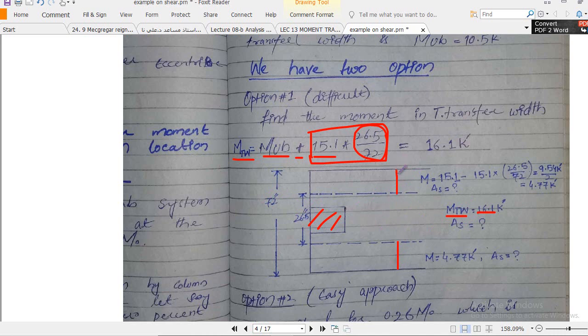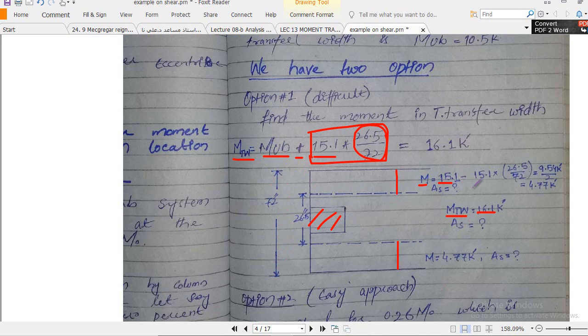Now what will be the moment in these two zones? So the moment will be, remember, you have to subtract, right? 15.1 is the moment which exists in the total column strip width.